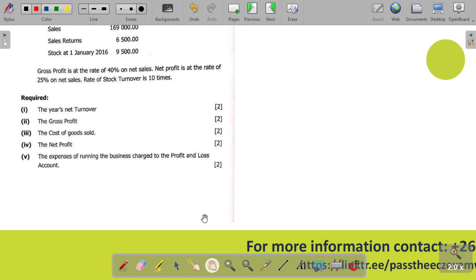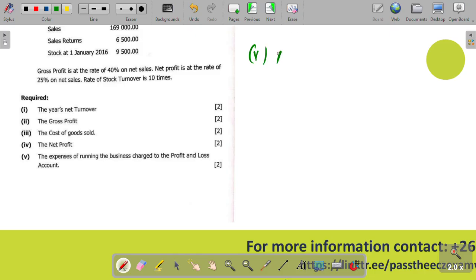Let's do our last question: the expenses of running the business charged to the profit and loss account, 2 marks. Expenses are the difference between the gross profit and the net profit. So the formula is easy.